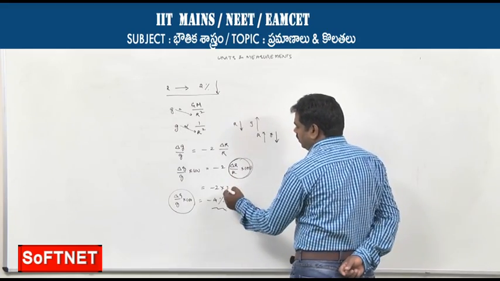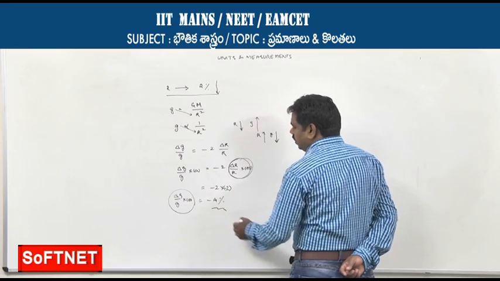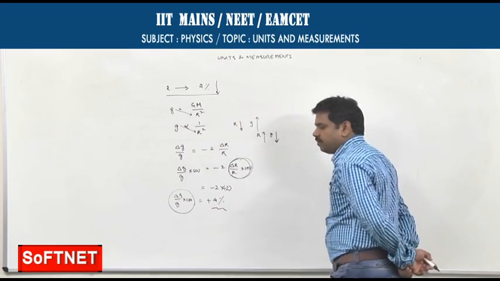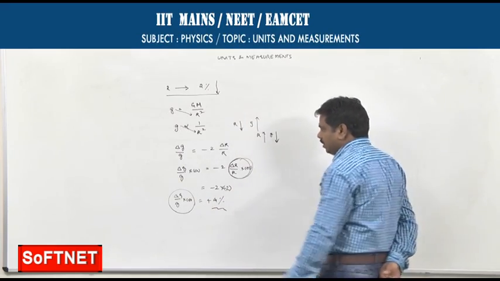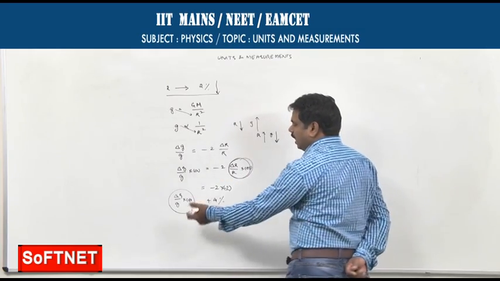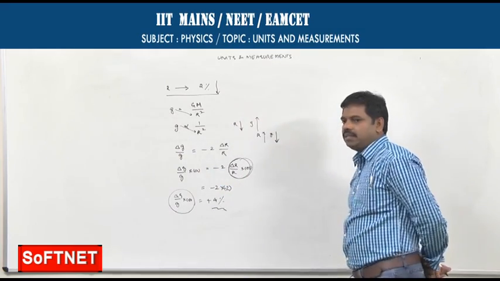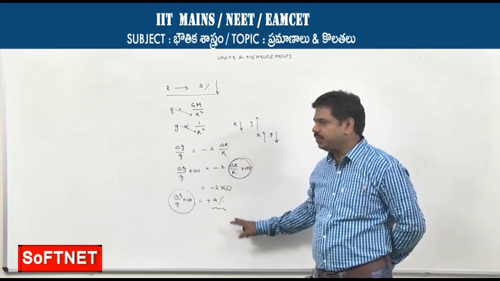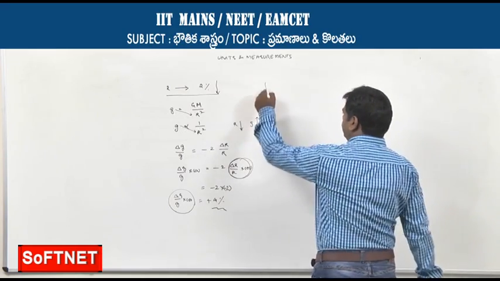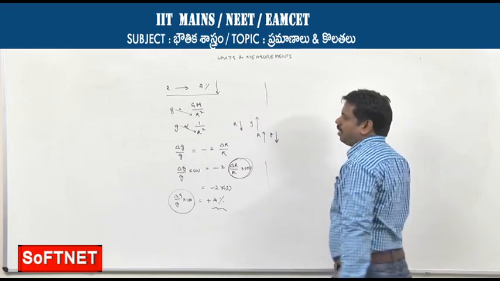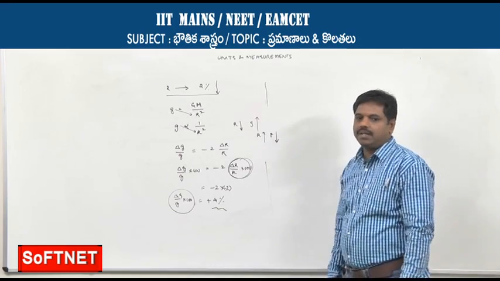If I write this as minus 2, then simply this will become plus 4%. It indicates that when the radius is decreased, acceleration due to gravity increases by 4%.